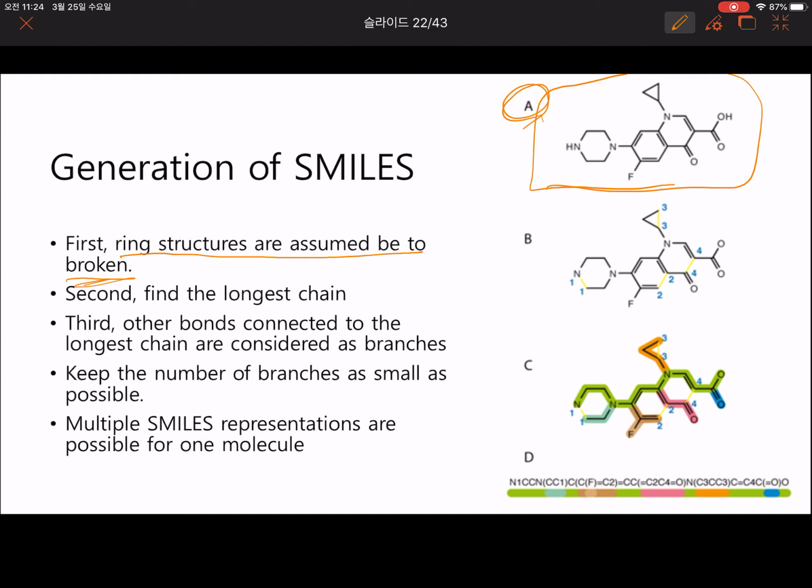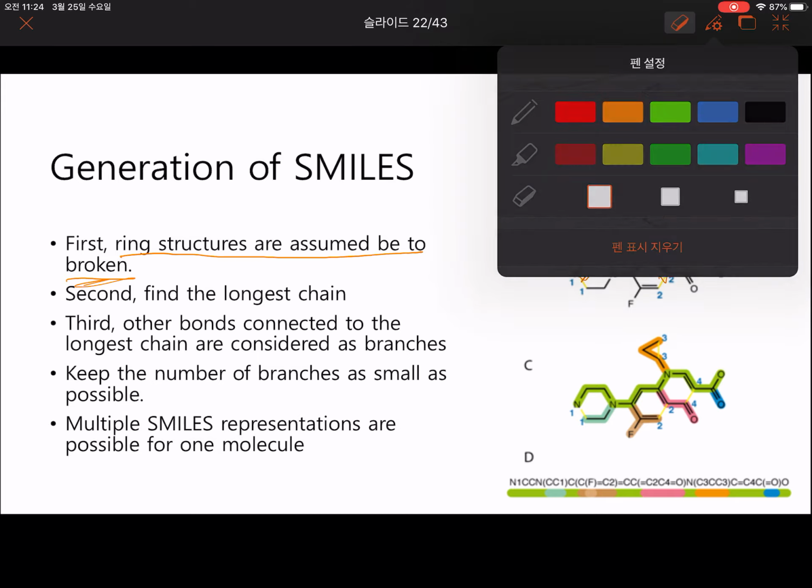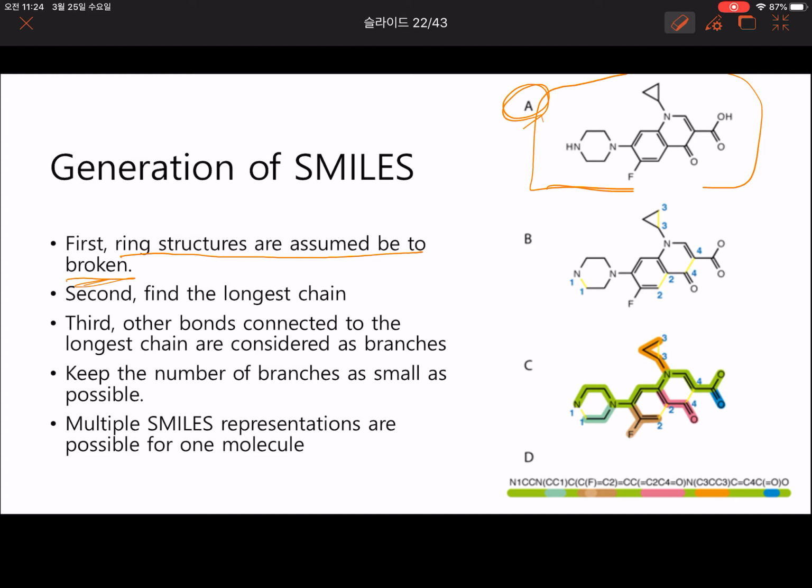Let's say that these yellow lines are broken. So here, here, here, here. Let's assume that these bonds are broken. And then you put numbers 1, 1, 2, 2, 3, 3, 4, 4 to represent that these are actually connected, but we just assume that they're broken.